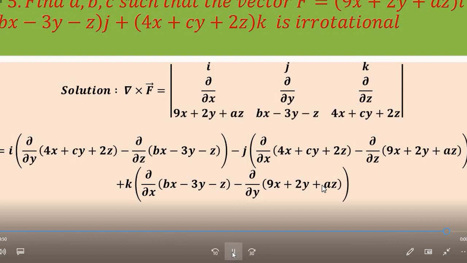Now when you simplify this one, we get (c plus 1) into i minus (4 minus a) into j plus (b minus 2) into k is equal to 0.